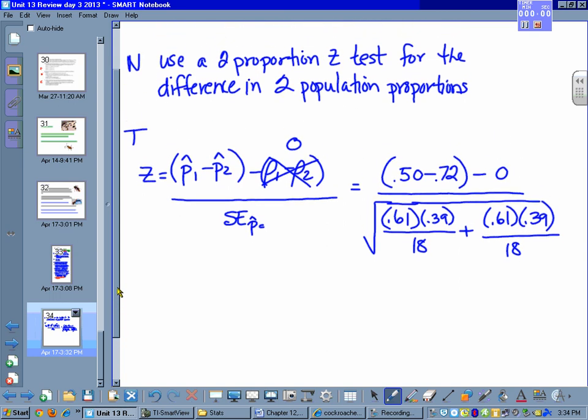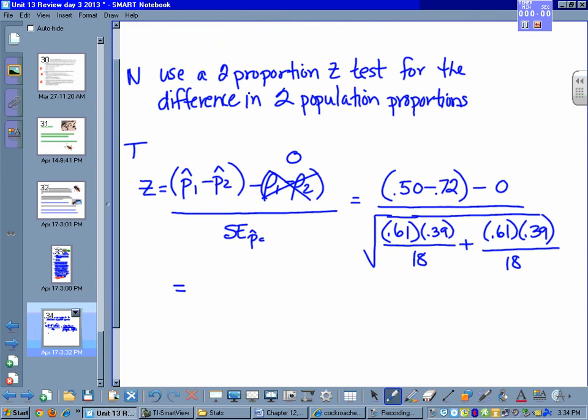All right, so calculating this z would give us negative 0.22 over top of, let's do 0.61 times 0.39 divided by 18, and that gives me 0.013216 repeating, and I'm going to multiply that by 2 because that's what would be underneath here.